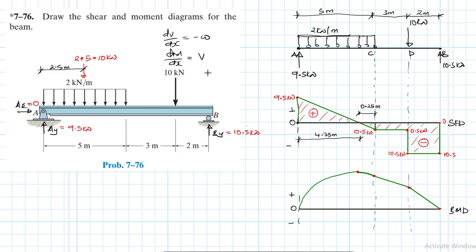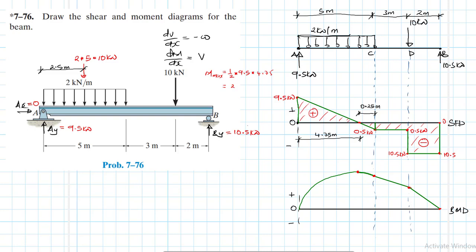So maximum moment will be equal to half times 9.5 times 4.75, and this gives us 0.5 by 9.5 by 4.75.